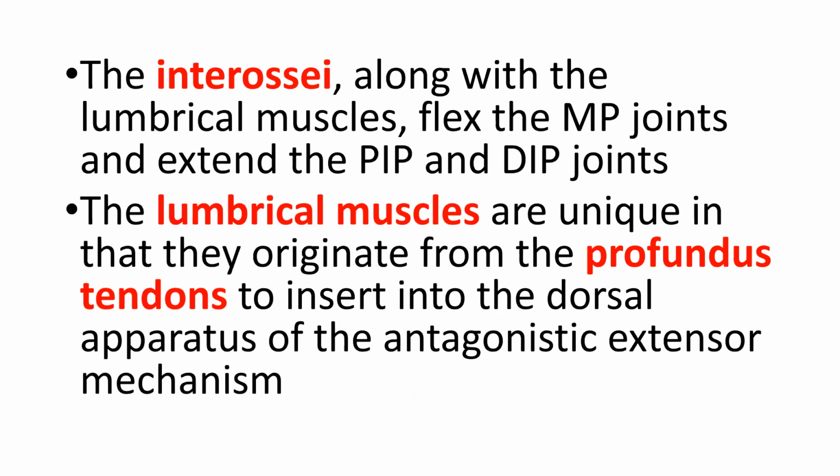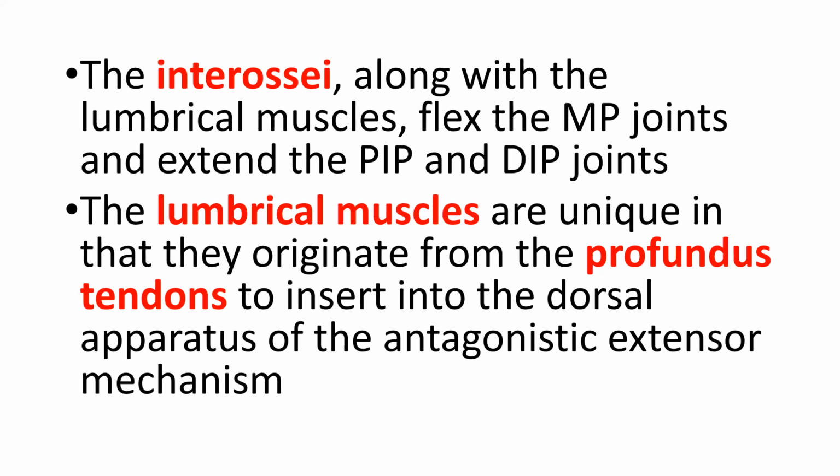The interossei, along with the lumbrical muscles, flex the MP joint and extend the PIP and DIP joints. The lumbrical muscles are unique in that they originate from the profundus tendons. If you are asked which muscle originates from a tendon, you should know that it's the lumbrical muscles.